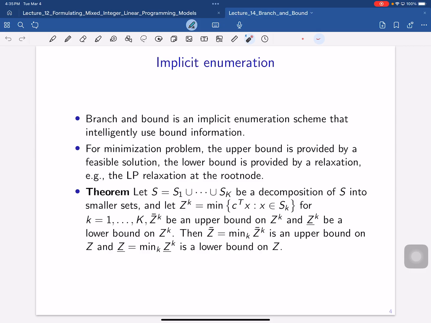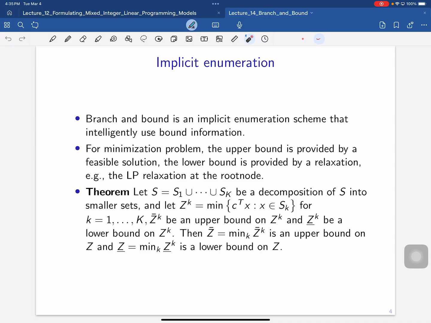It is similar to the algorithms we talked about before. Remember in the simplex algorithm, you have a primal simplex, and maybe you can solve the dual using the simplex, and then you have the primal-dual. In the interior point method, you can get the Lagrangian dual, which is a lower bound, and the feasible solution is an upper bound.